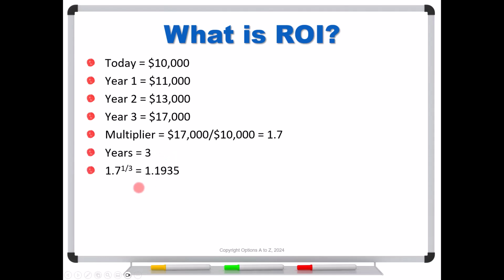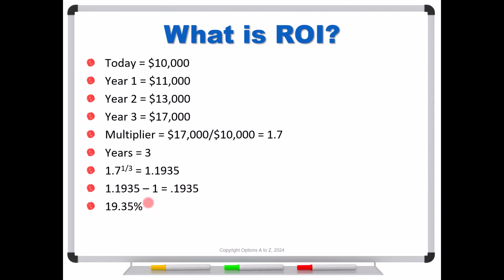We take 1.7 raised to the 1 divided by 3 equals 1.1935. We subtract off 1. We get 0.1935, which of course is 19.35% per year. So this is telling you that over this time frame, on average, you generated almost 19.4% per year.